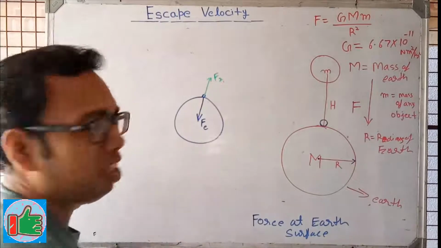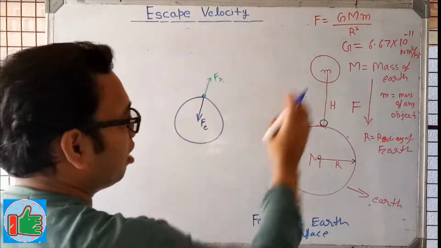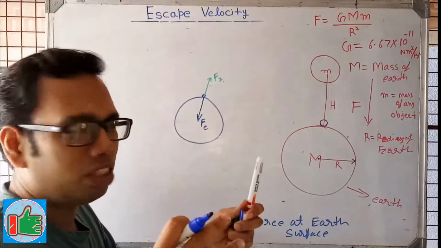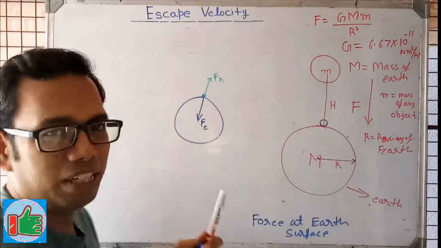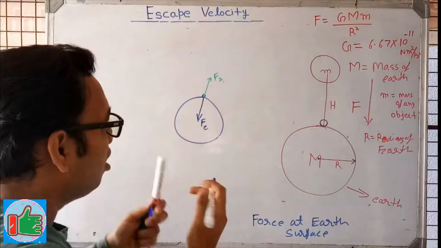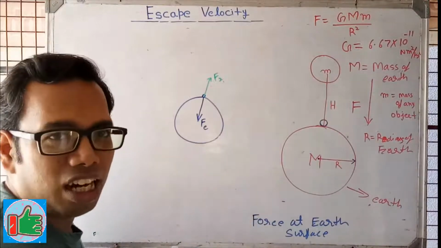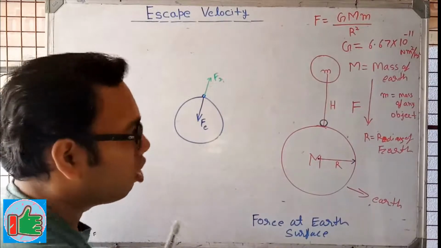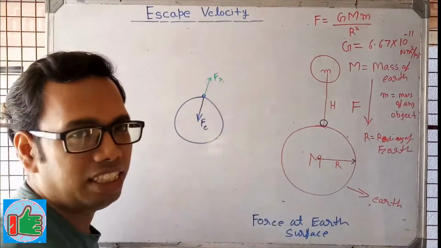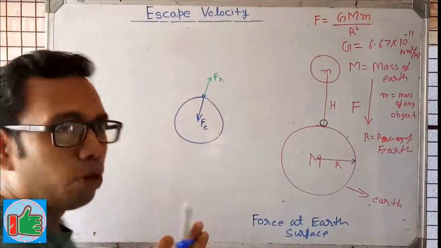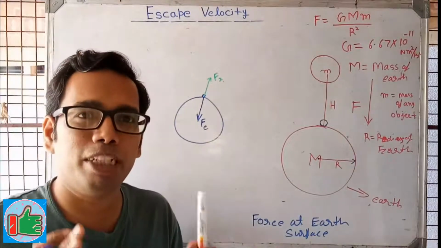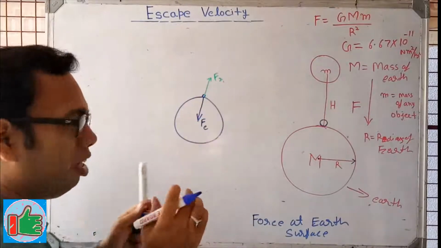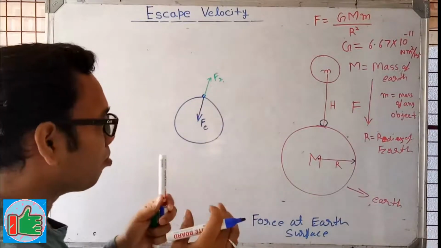These two forces will come into the picture when any object comes near to planets. So this force of attraction of the earth will come, and this object also has some force of attraction towards its center.